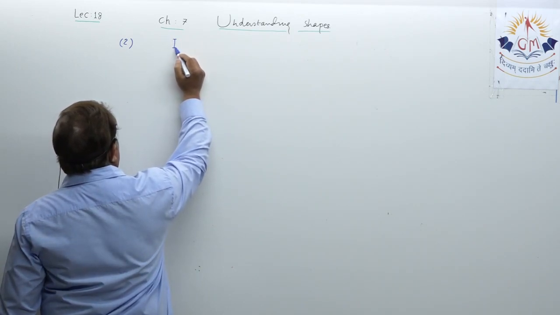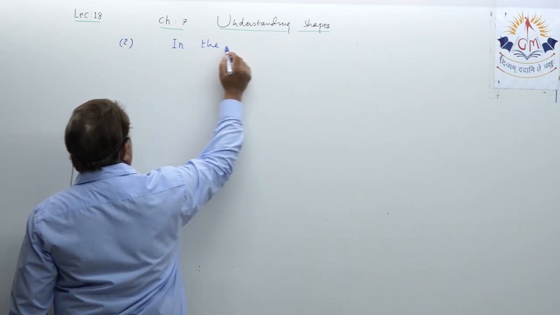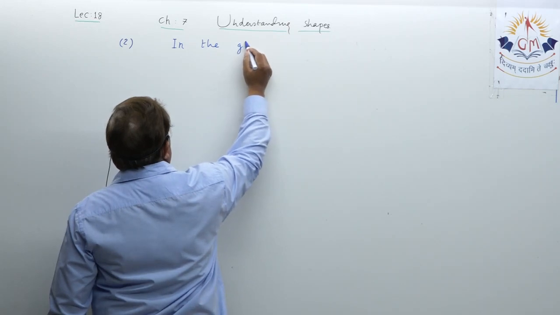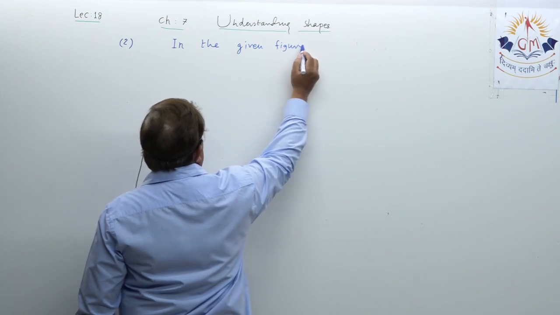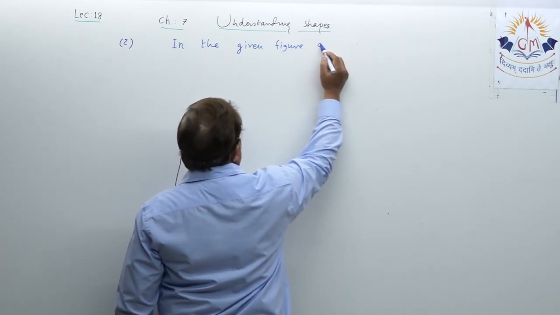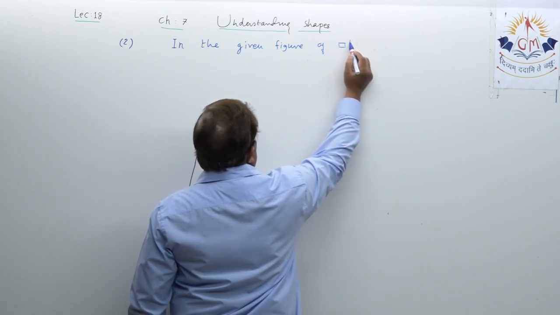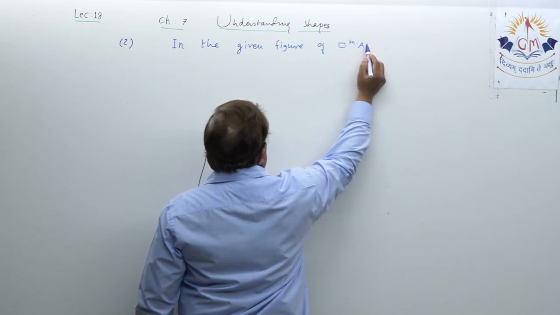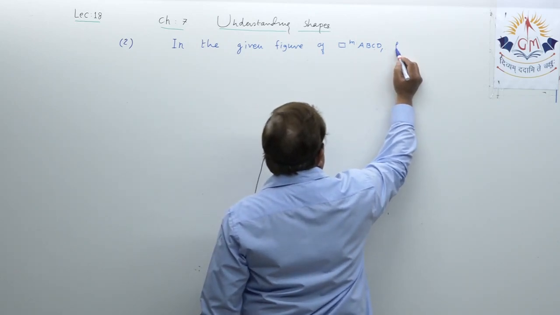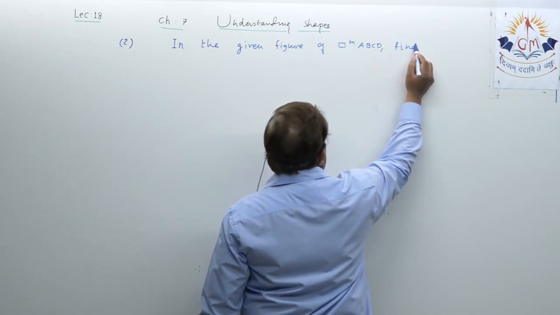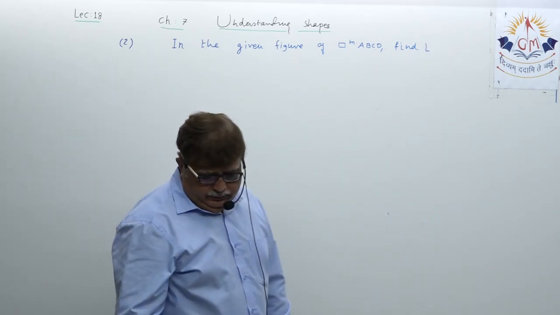You write with me in this way. In the given figure of parallelogram ABCD, this is the statement, find... okay, then you have to find two angles.